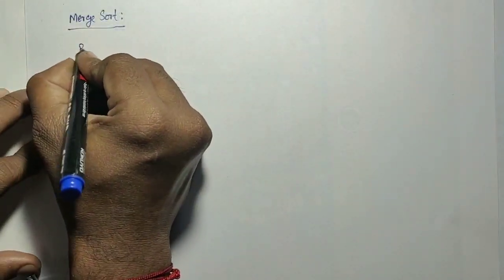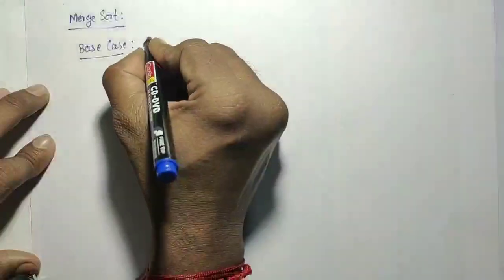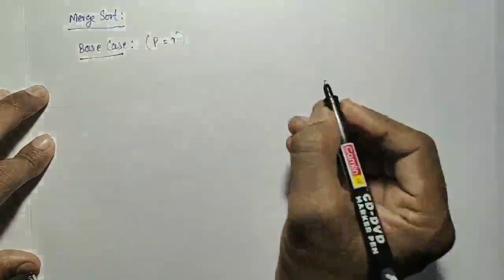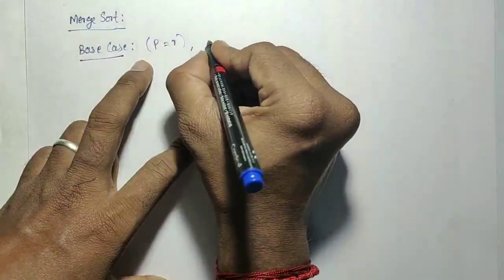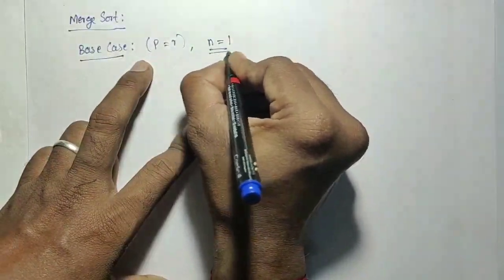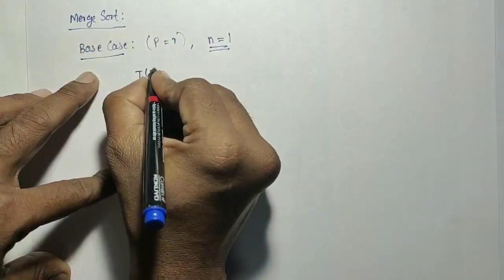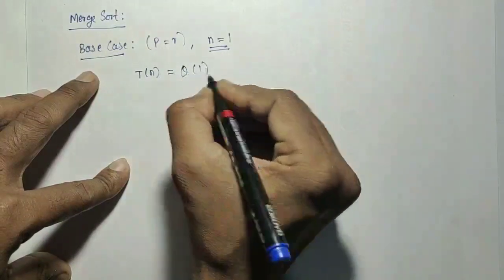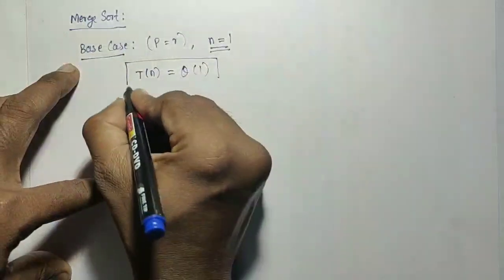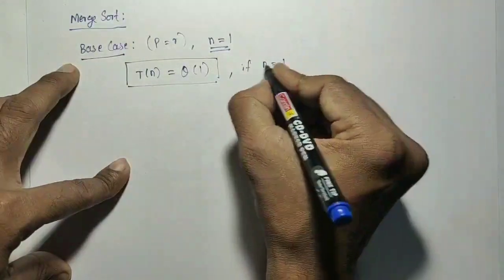So for the base case, here, p equals r, which means n equals 1. In that case, the time complexity T(n) equals Θ(1). That is a constant complexity, if the number of elements equals 1.